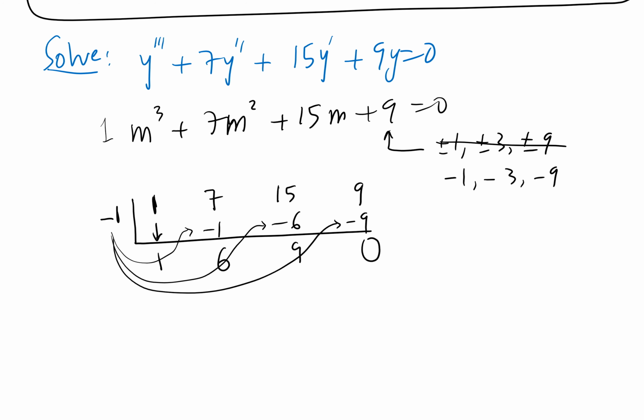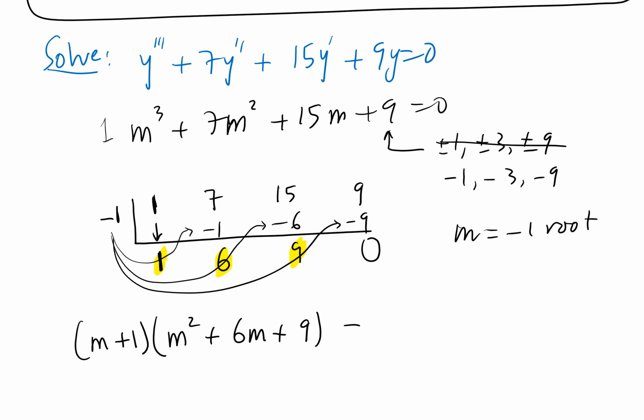So that tells me m equals -1 is a root, so m plus 1 is a factor by the factor theorem. And what is left from the synthetic division? Do you see these numbers? 1, 6, and 9. So m squared plus 6m plus 9 equals 0.